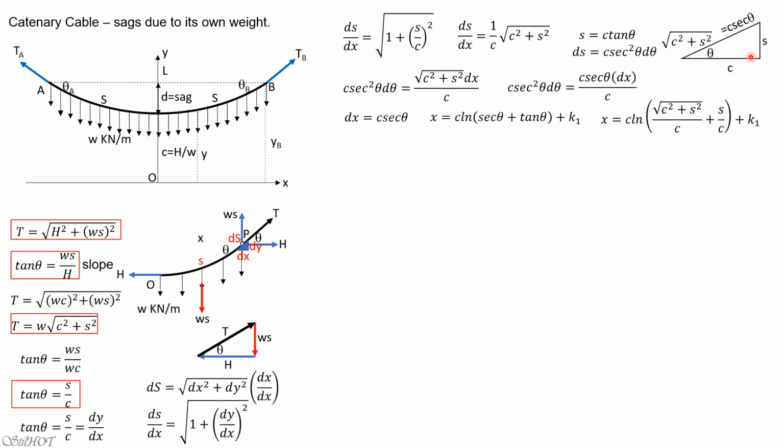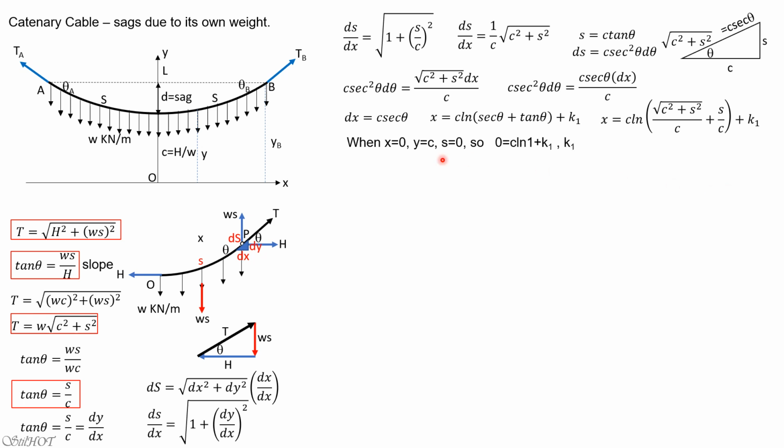From this triangle, secant theta is hypotenuse, which is square root of c squared plus s squared, divided by adjacent c, and tangent theta is s over c, which is a given, plus k1. So when x is 0, s is 0, and let's show that k1 is 0.